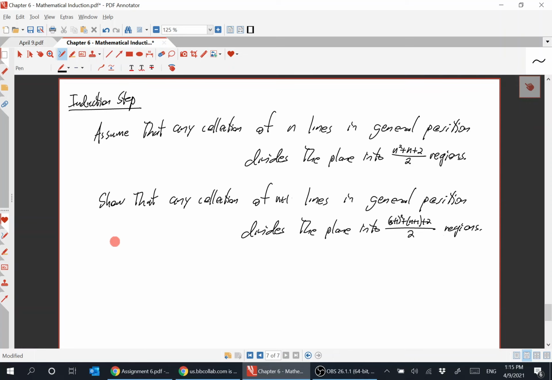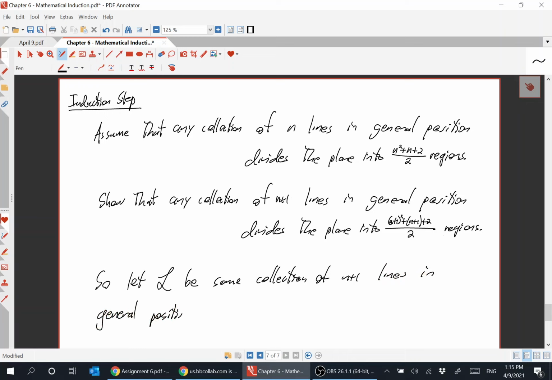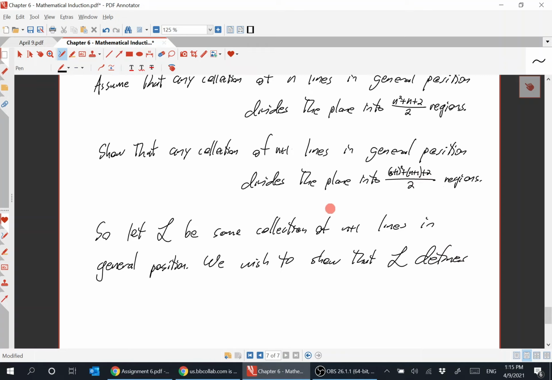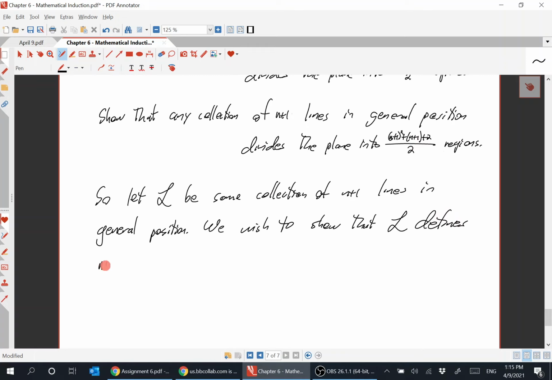That's it. Okay, so let L be some collection of n plus 1 lines in general position. We wish to show that L defines this many regions, but I want to simplify that expression. n plus 1 squared plus n plus 1 plus 2 over 2.